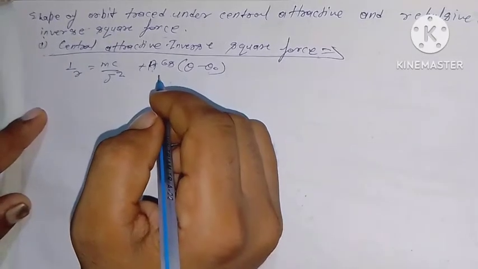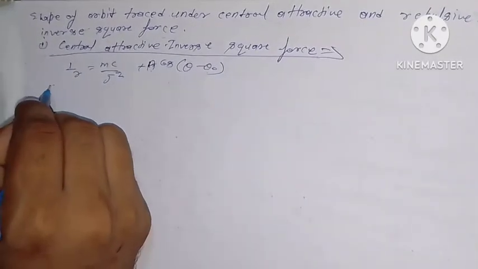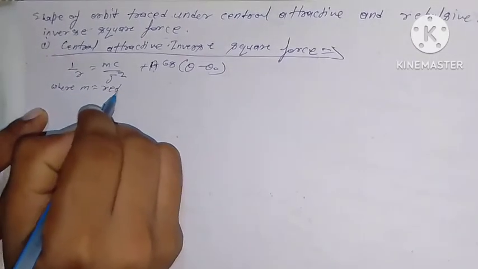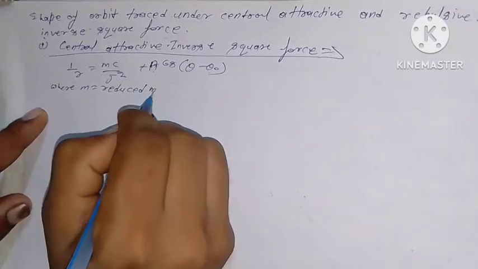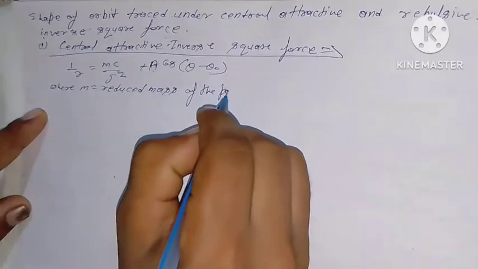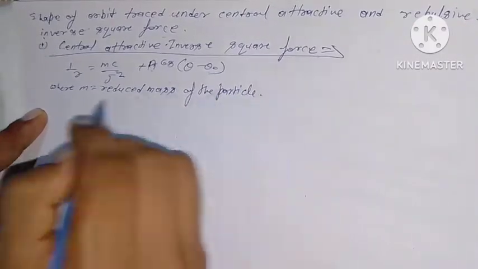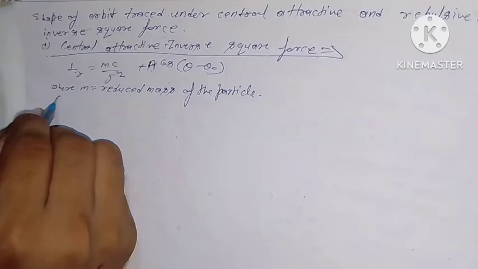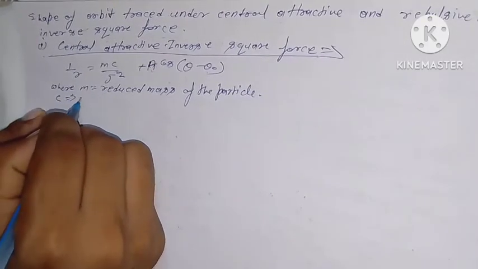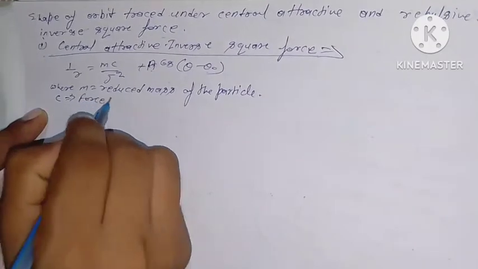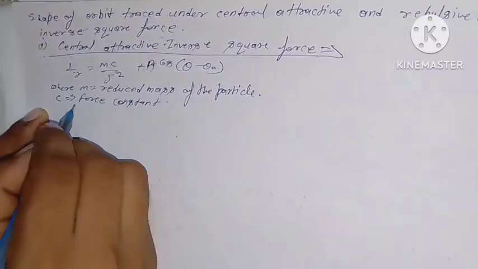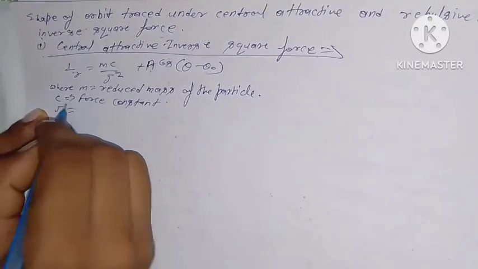Where m is the reduced mass of the particle, c is the force constant, and j is the angular momentum.